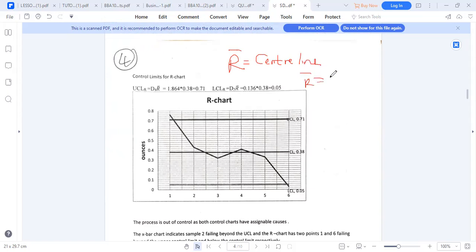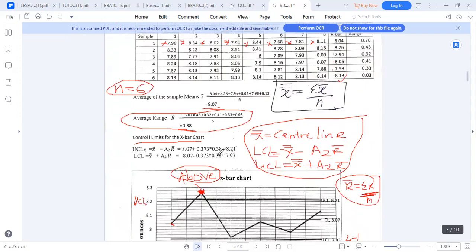It is equal to the summation of R over N. Of course, where these other figures are coming from, the 0.3 is coming from the table. So the tables are provided using N equals 6. The N is 6, and we'll go for A2. That will be explained by getting down to the table. The table will be provided. But we need to get these ones.